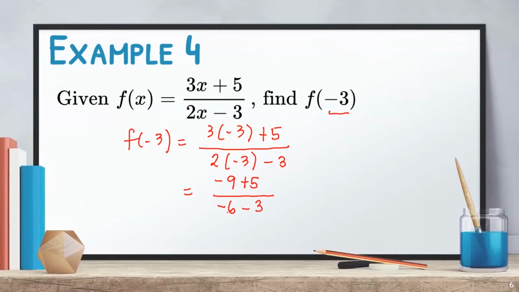Simplifying numerator and denominator will give us negative 4 over negative 9. Dividing two negative numbers will result in a positive number. Therefore, the final answer is f of negative 3 equals 4 over 9.